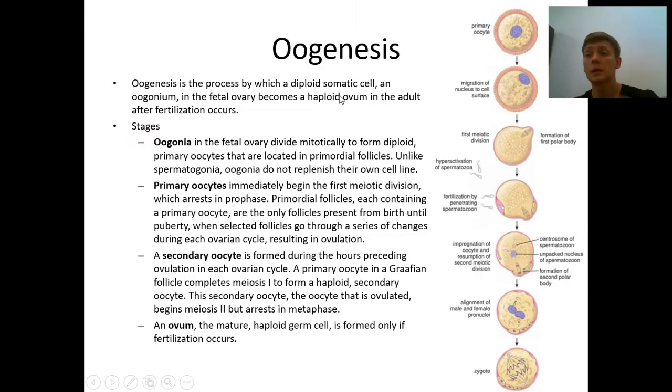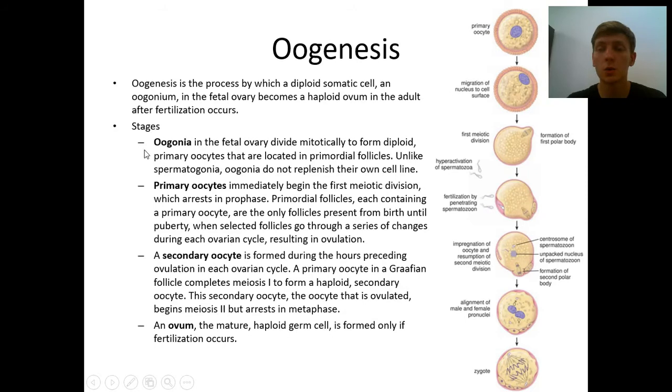Okay, let's start the process of oogenesis. Now we concentrate our attention on oogenesis. From biology and histology of the first semester, I guess you discussed what the oocyte is. Oogenesis starts with the oocyte, or actually even earlier, so let's make a short embryological review.